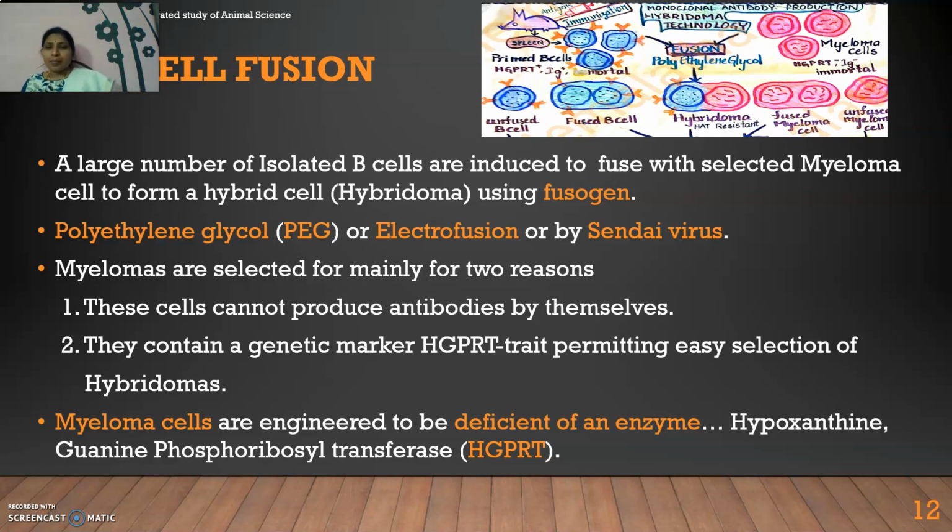So by the fusion, we will be obtaining the hybridoma cells, but we have to make sure these myeloma cells which we are using for the fusion should be made deficient of an enzyme called hypoxanthine guanine phosphoribosyl transferase.